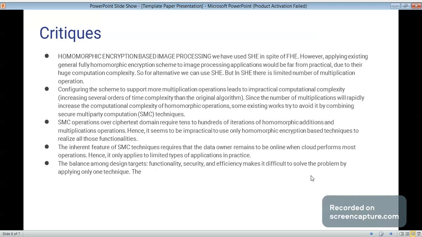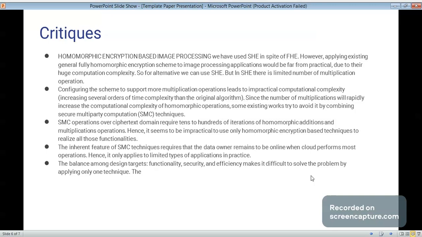So the better interpretation of image processing over the cloud is that we don't have a single technique where we can get the best expected result. We have to compromise either on functionality, efficiency, or the number of operations.